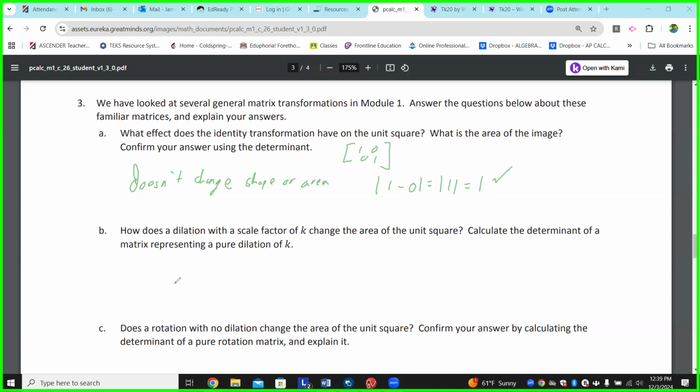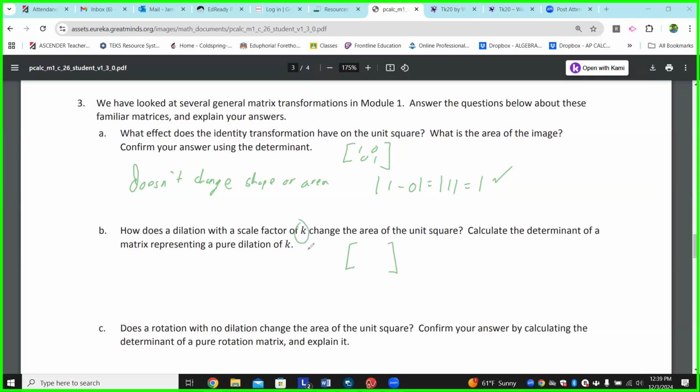Part B says, how does a dilation with a scale factor of k change the area of a unit square? Well, first, let's think about what the matrix would look like. A lot of you are getting this wrong. I need y'all to reflect back on lesson 21, where you had to do 8 questions. If it's just a straight dilation with scale factor k, what will my matrix look like?